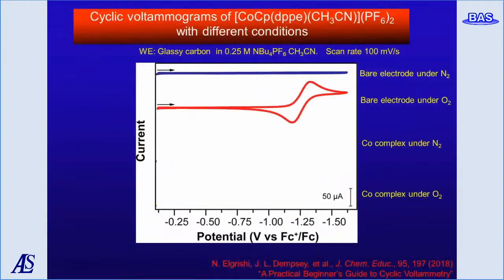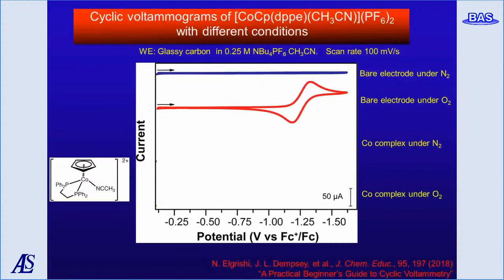To perform CV measurements, we encounter various problems. I pick up several examples from the literature. The first example is the reduction of the cobalt cyclopentadienyl diphenylphosphino ethane dication in acetonitrile.